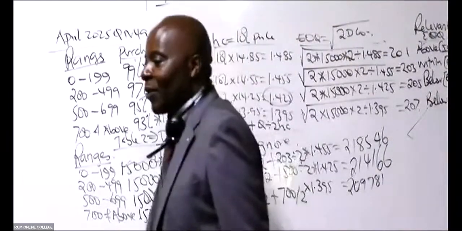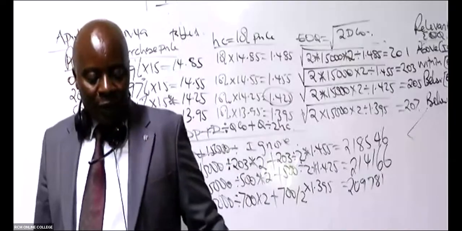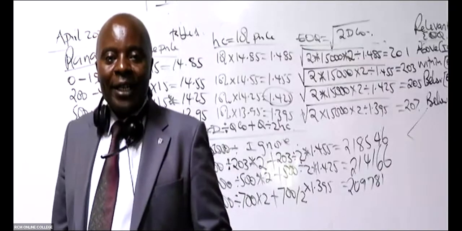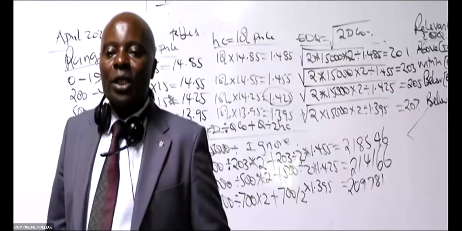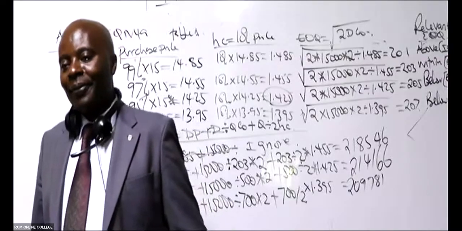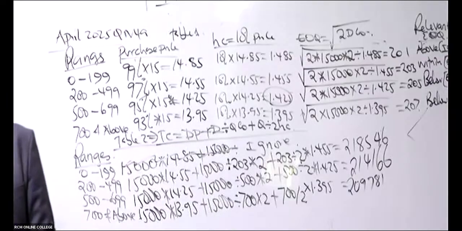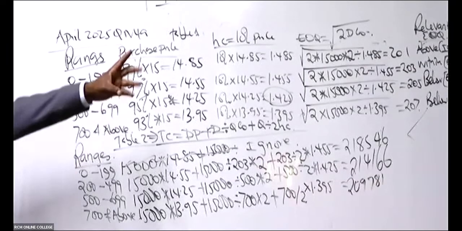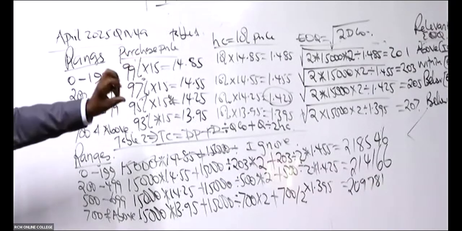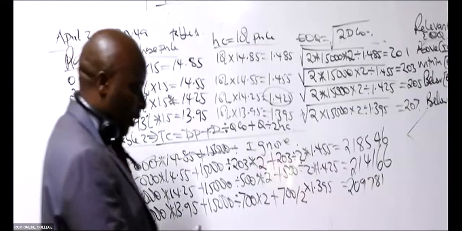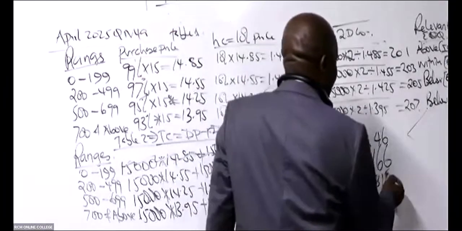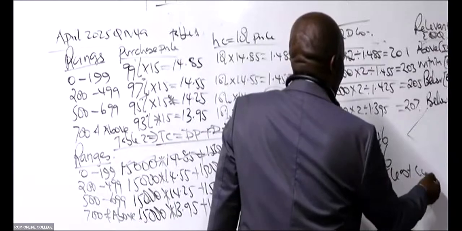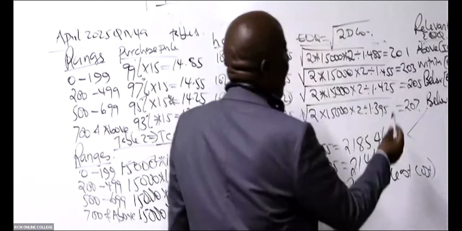So then amongst the quantities that you have been able to evaluate their total cost, which one is the least cost quantity? What are you recommending these guys to buy? Remember, you have those relevant EOQs. The one that has got this is the least cost, isn't it? And therefore the company should buy how many units here?